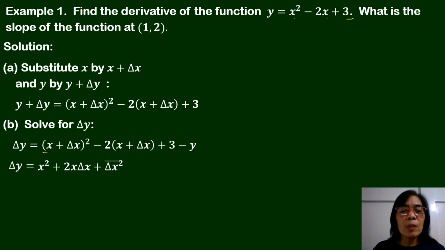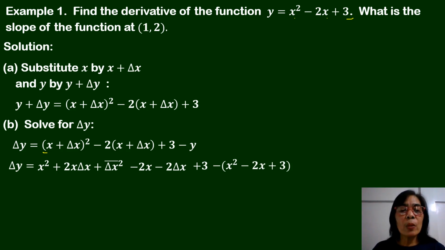Take note of this bar, this is placed to let you know that delta x is just one variable. So we have the square of delta x minus, applying distributive property, minus 2x minus 2 delta x plus 3 minus y, whose value is x squared minus 2x plus 3.